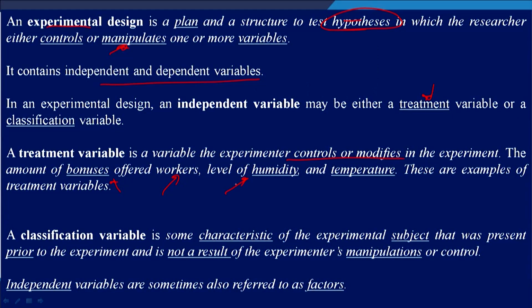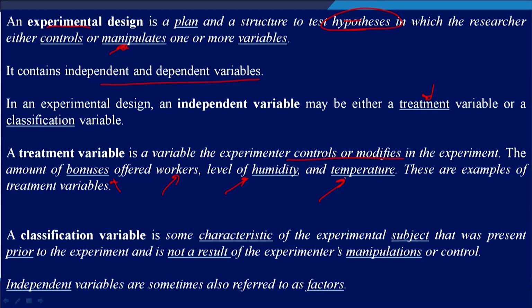Let us say level of humidity in a workshop or in an assembly line, and we will see the effect of that humidity on performance of the worker, or let us say temperature, how temperature is affecting performance of a worker, right. So, these are examples of treatment variables. So, whenever we change something, that variable is called treatment variable, right.